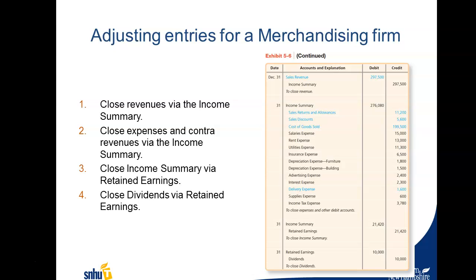So if we are recording our revenue and we're crediting our revenue throughout the month or throughout the period, we have to debit it to zero it out. And the same is true for our expenses. When we record our expenses, we debit them. So to remove them off of our books in the closing to income summary, we have to credit them, and so on with the remaining accounts that we have to close.